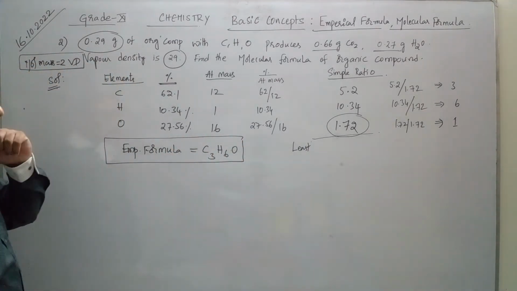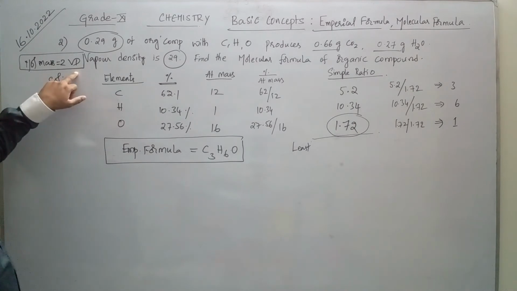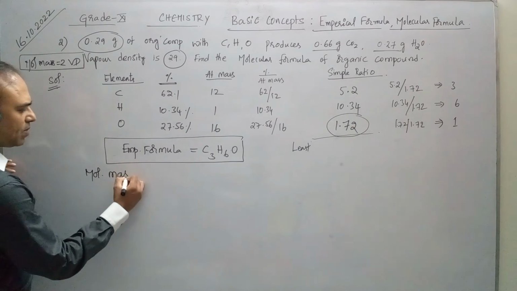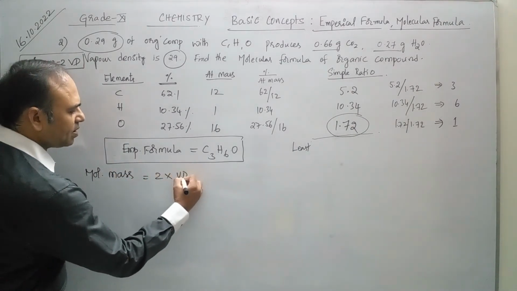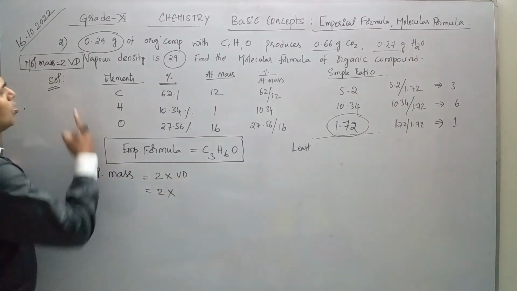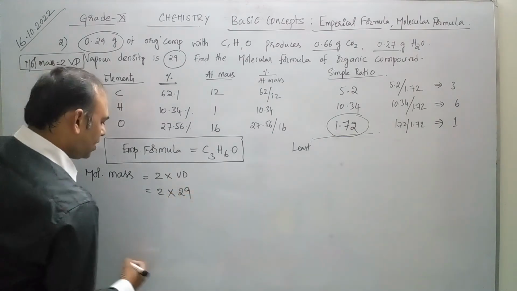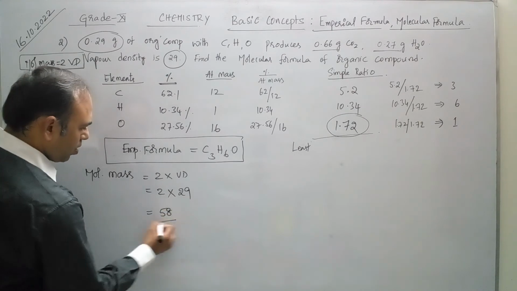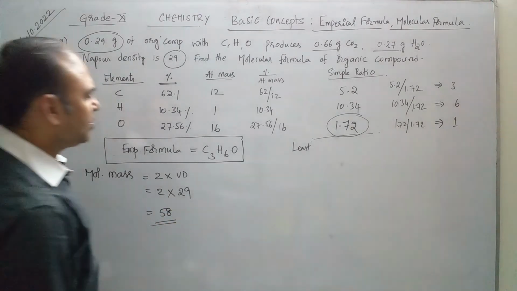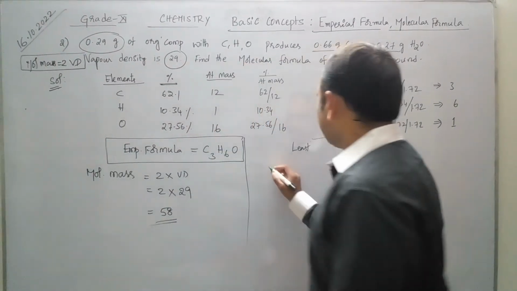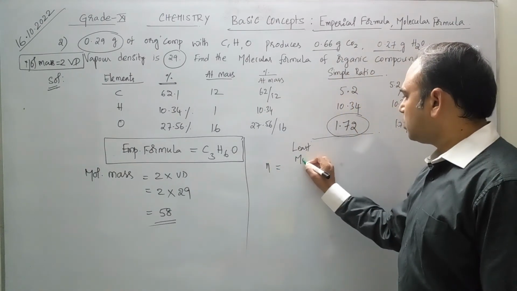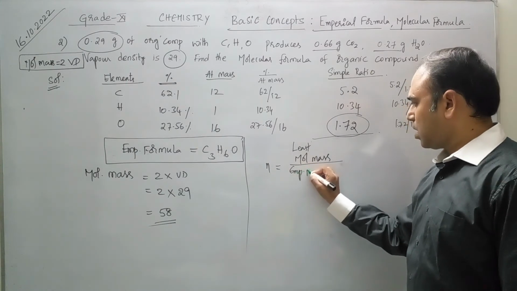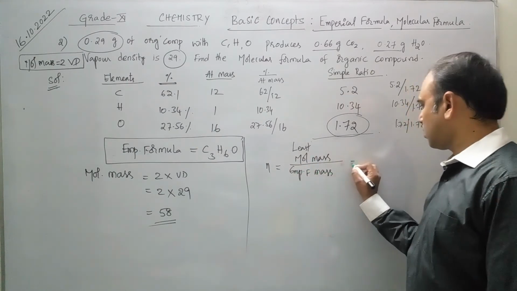Now what is the second step? They gave you vapor density. So let us calculate. Molecular mass is equal to 2 into vapor density, nothing but 2 into 29. So here we are going to get 58. Next, what is N? N is equal to molecular mass divided by empirical formula mass.